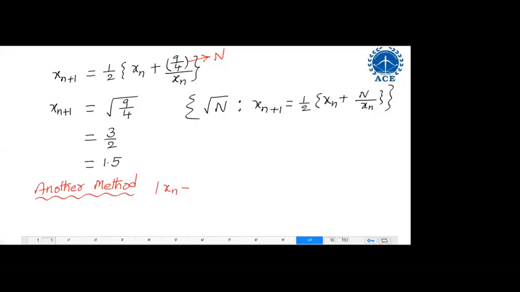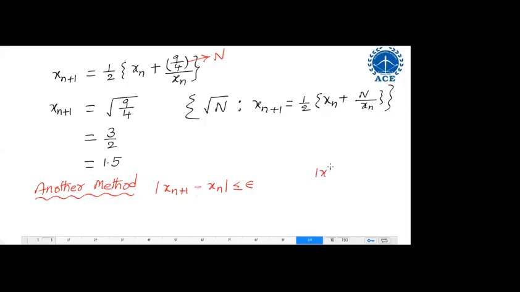Remember everyone, the difference between one approximation and its previous approximation, let it be the n plus 1th approximation, is less than or equal to epsilon. Then we can stop the iteration process. One approximation is the n plus 1th approximation. The previous approximation is the nth approximation.